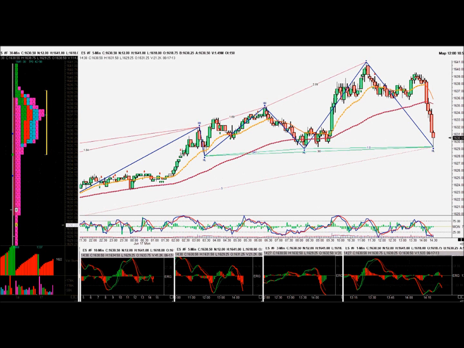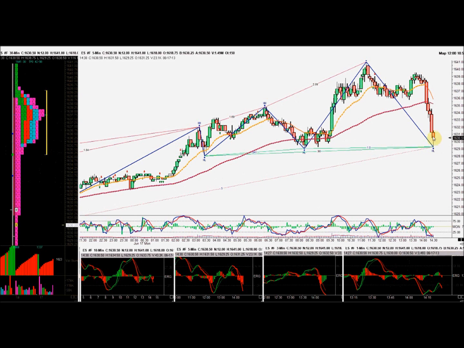We're down at 1630.50. So we're down in this area here now. Look at this support level right here, right in the 1630 area. We're testing past it here. Let's see if we can test past it.